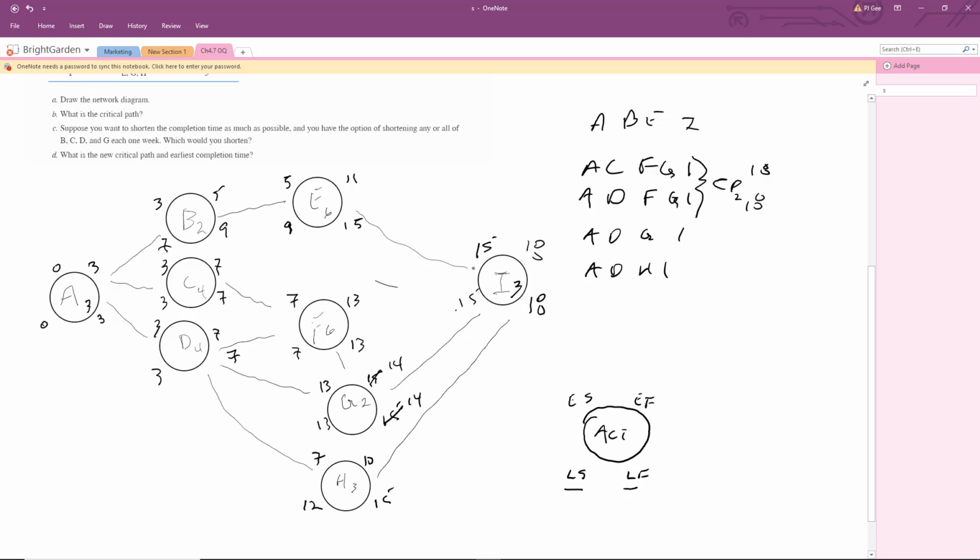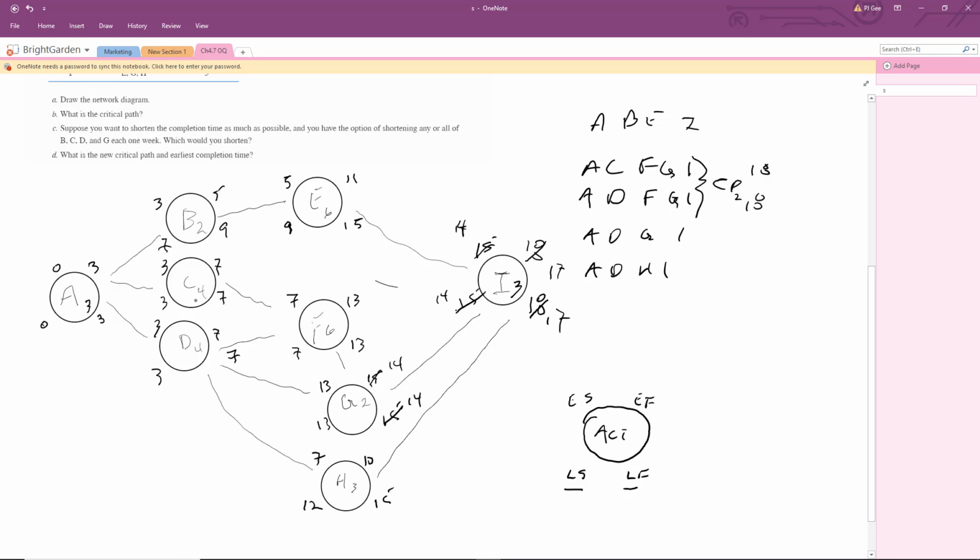This would start at 14. This would be 14, and 14 either way, plus 3 is going to be 17 weeks. So that's how we figure out how to chop out a week of the schedule.